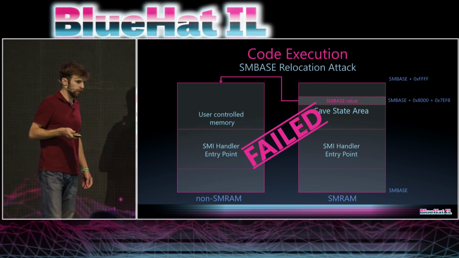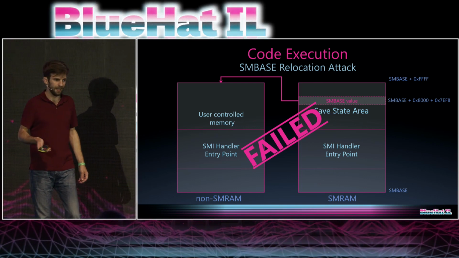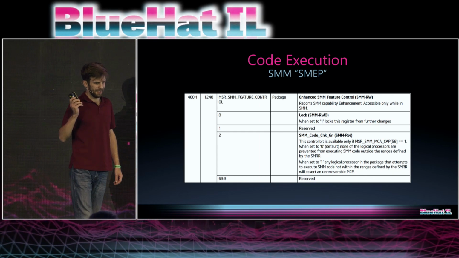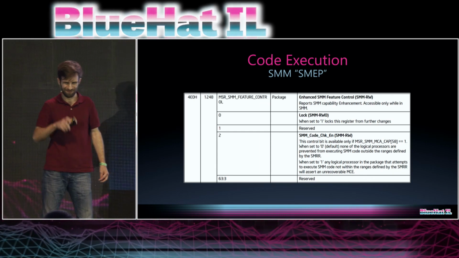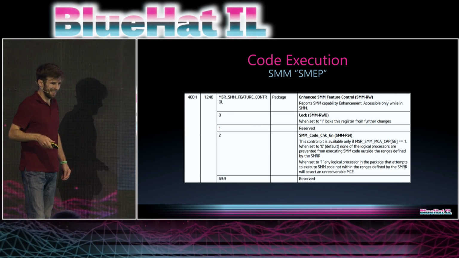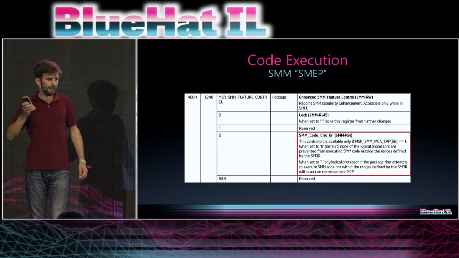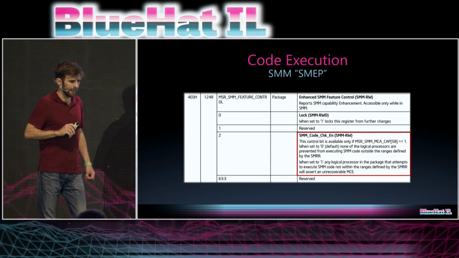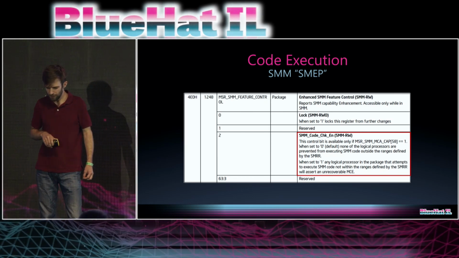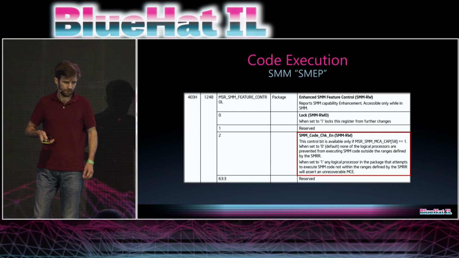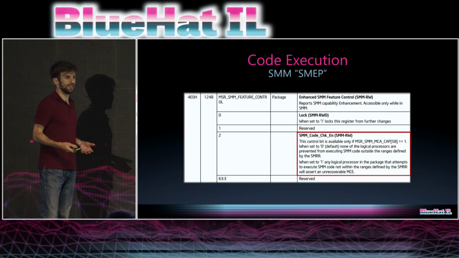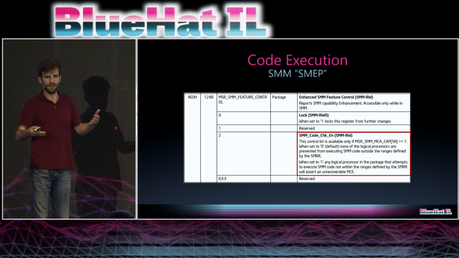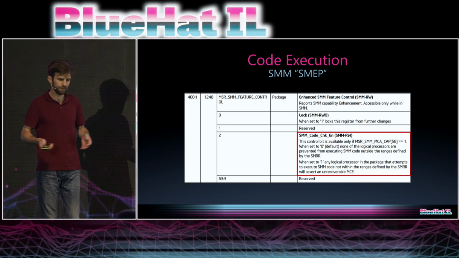And it doesn't work because of, or I'd rather say, thanks to, the SMM feature control MSR. And in particular, this nasty little bit, the SMM code check enable bit. So whenever this bit is set, and you're running code in SMM, and you try to execute code outside of the SMRAM, you simply get an exception.